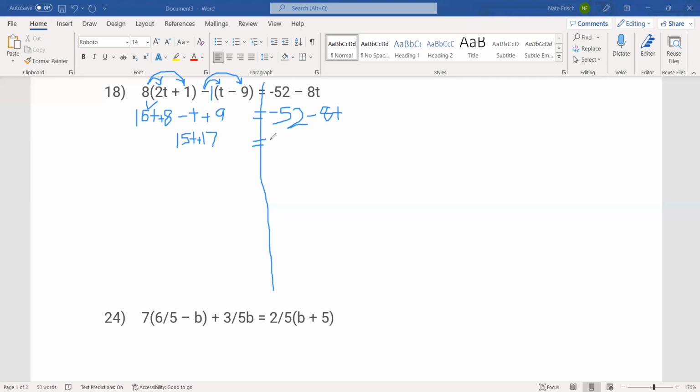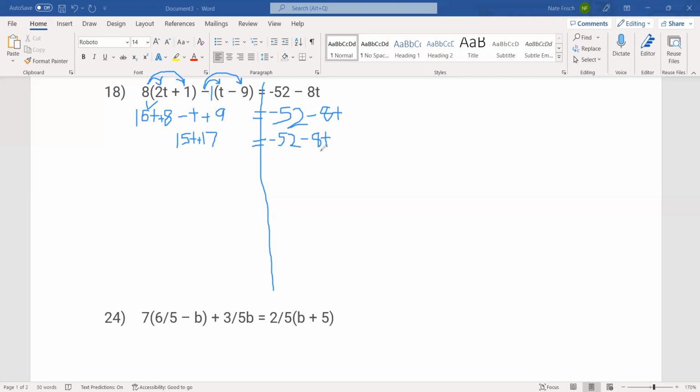All right, I'm just going to bring this down again, negative 52 minus 8t. So at this point, I've distributed, I've combined like terms, and there's no more simplifying I can do on each side. Now is where I actually start balancing the equation, moving things from one side to the other. I think I'd like to have my variable on the left-hand side this time. It doesn't really matter, but I think that's what I'm going to do.